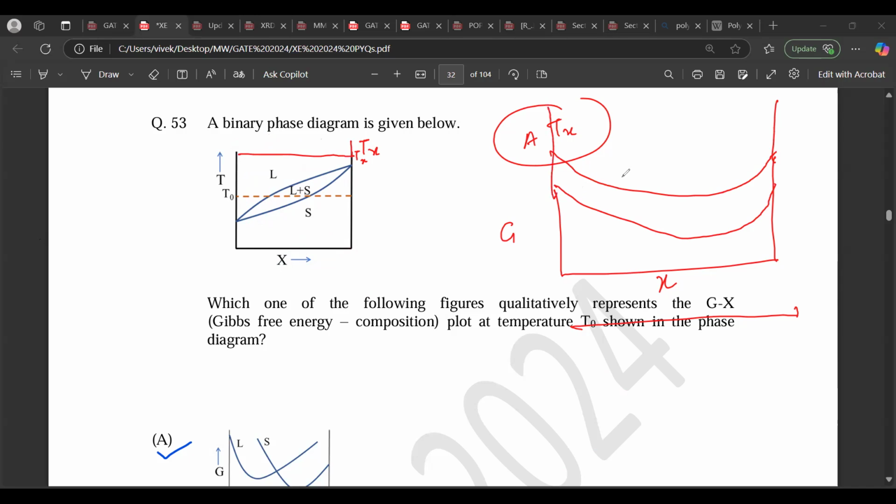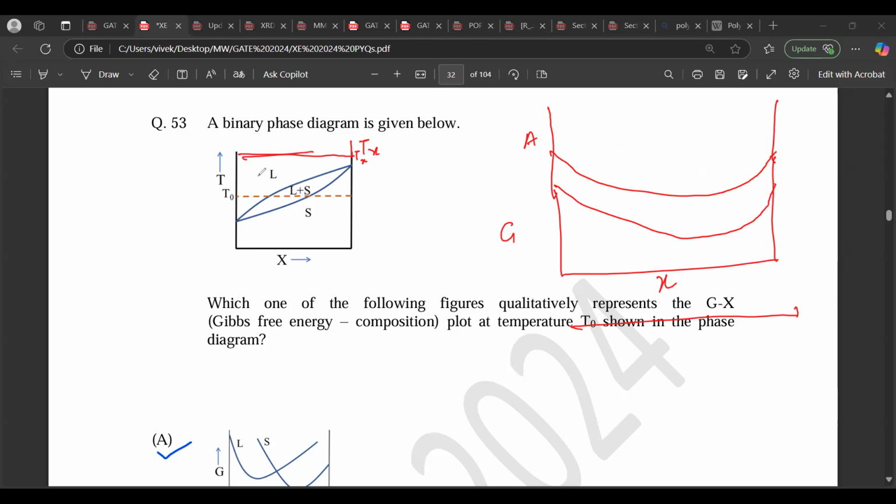Then you can ask, sir, why are you drawing this shape? Why are you writing this or this or this? See, I have memorized certain things. This is the nature of how these curves are found in experiments. So you have to memorize a few things, and this is the example you need to memorize. Only four temperatures.